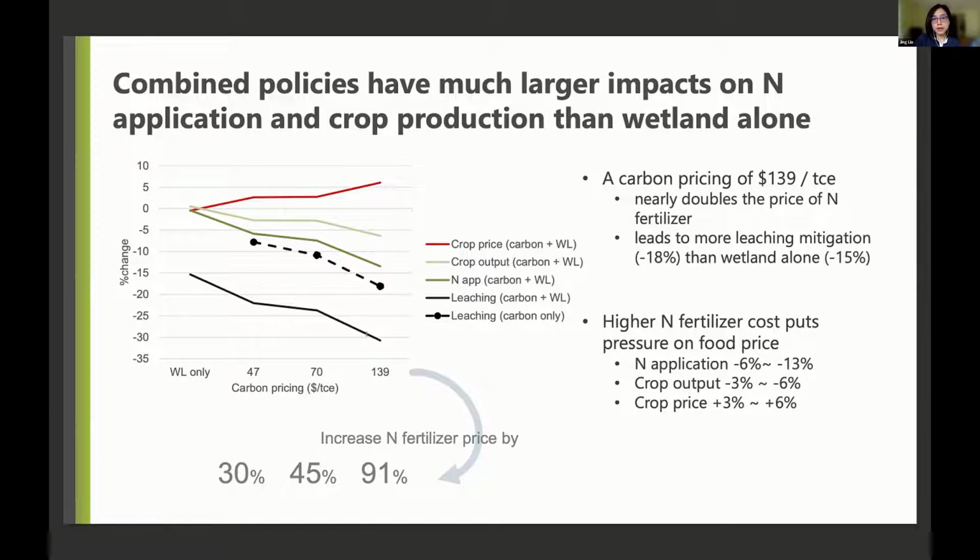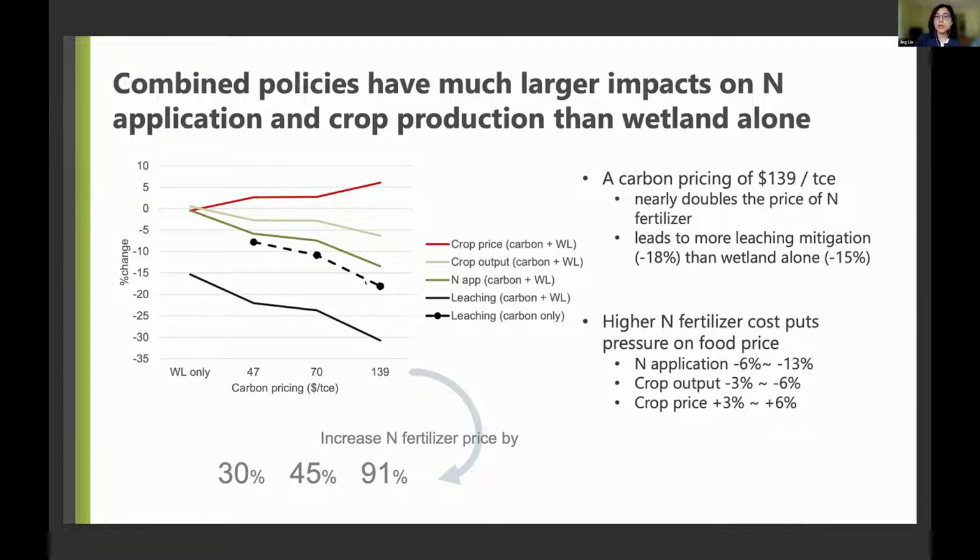For the highest level of pricing at 139, the combined policy can have a 30% reduction in leaching. Individually, if you look at carbon pricing alone, it gives about 18%, as Uris talked about.